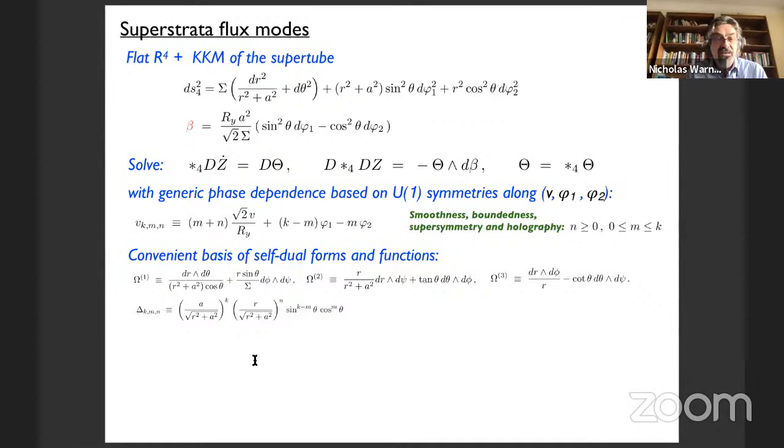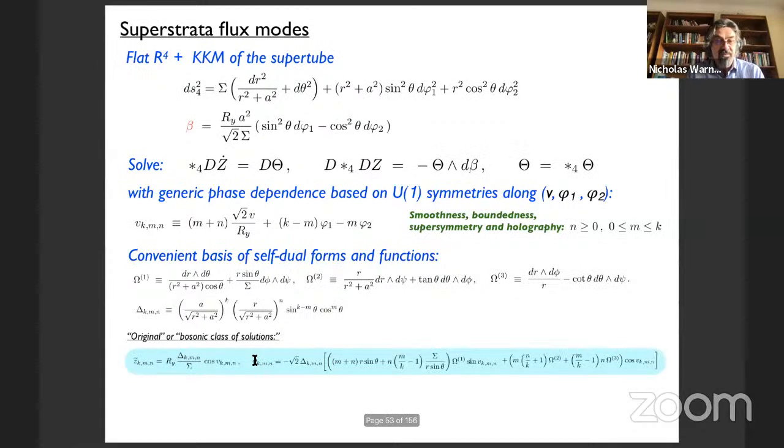And in particular, I'm going to present the solutions, and then I'm going to give you an idea of how you make them. So what is called the original class, this is the class we first obtained, or at least I think it was Rodolfo, Stefano, and Masaki who first obtained this. So basically, the first class of superstrata modes, the first set of solutions, are these.